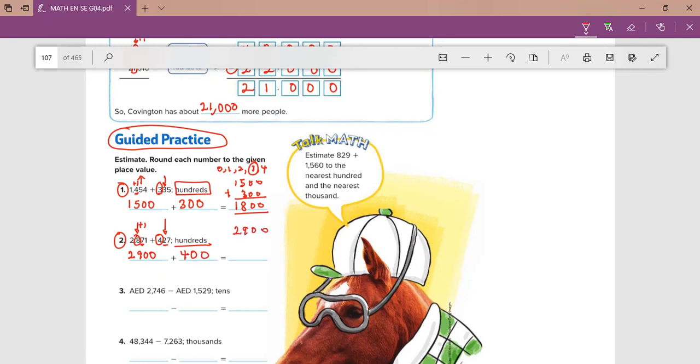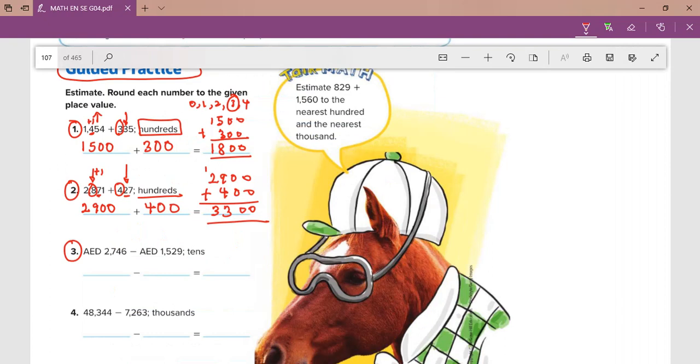2,900 plus 400 will leave you with 0, 0, 9 plus 4 is 13, write 3, remainder 1. 1 plus 2 is 3. Final answer, 3,300. Next, I'm going to do number 3 for you.